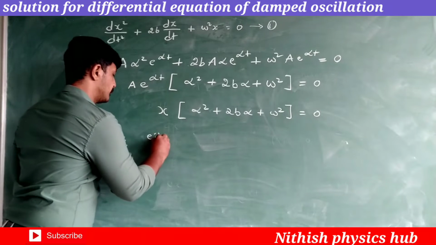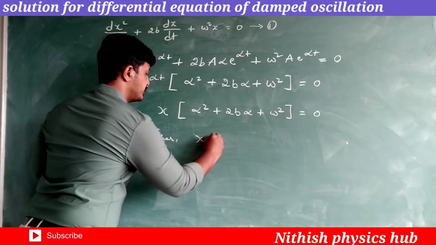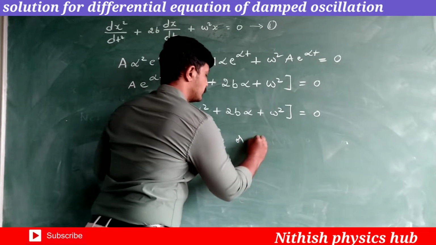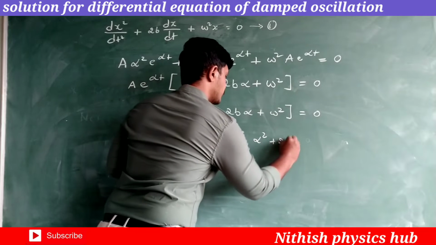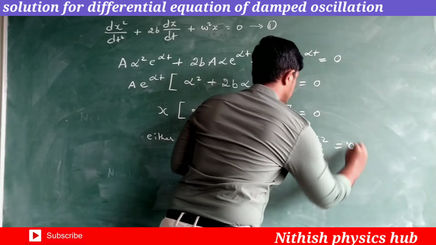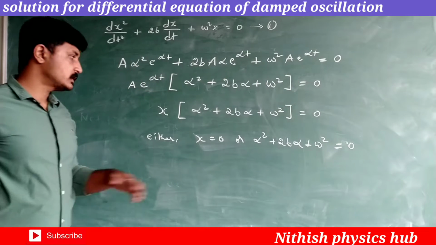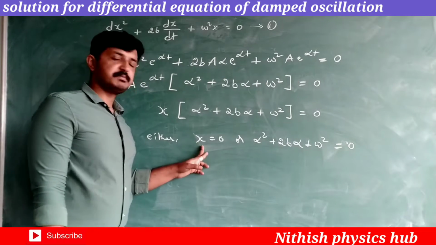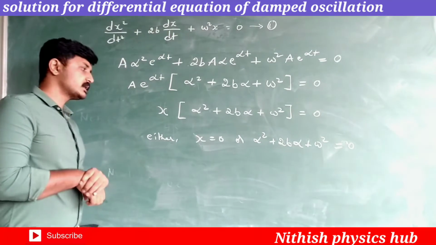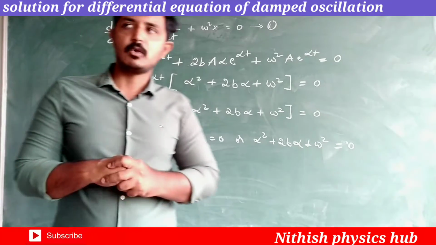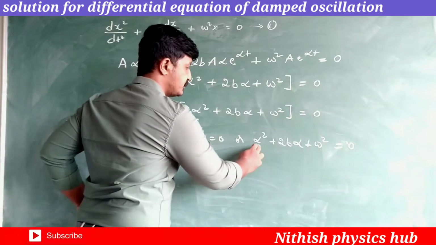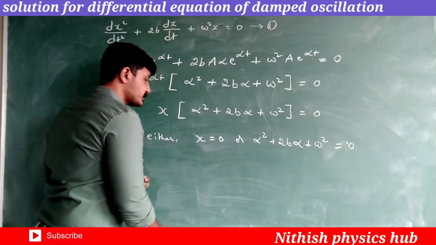Either x should be equal to 0 or alpha square plus 2b alpha plus omega square should be equal to 0. The displacement x can't be 0, because if it is 0, it shows that the body is not oscillating. So I can't take this one as 0, and I need to find the value of alpha.